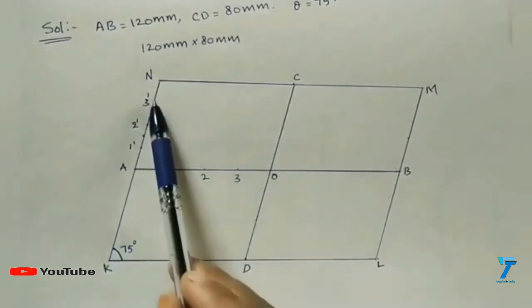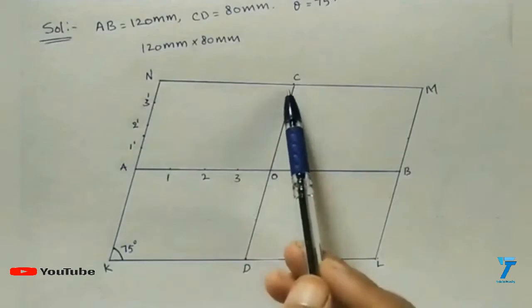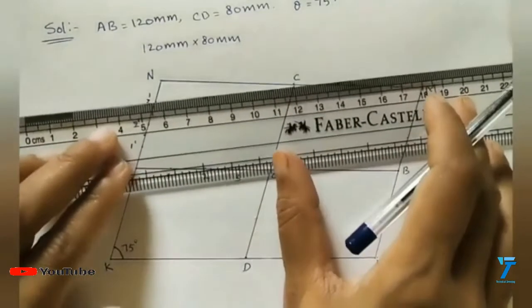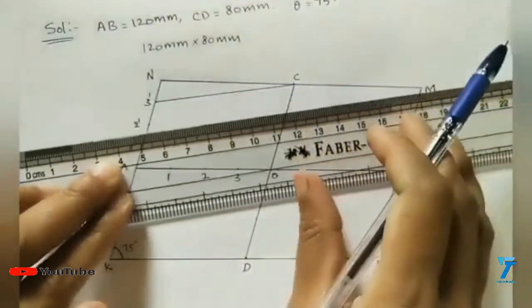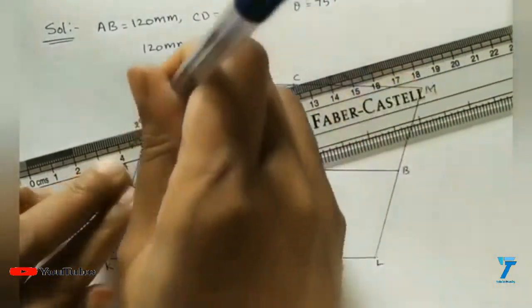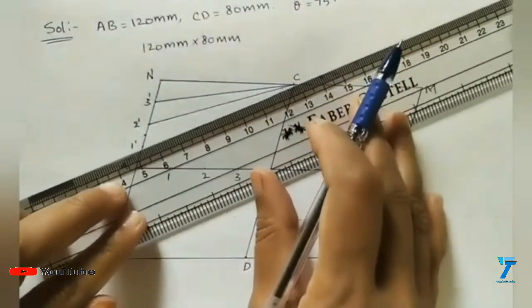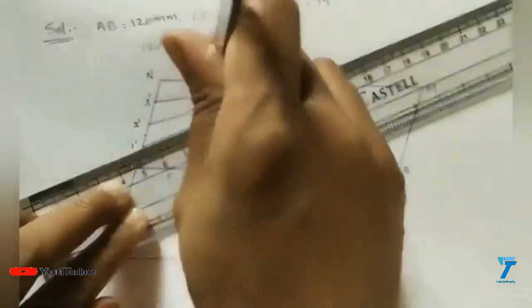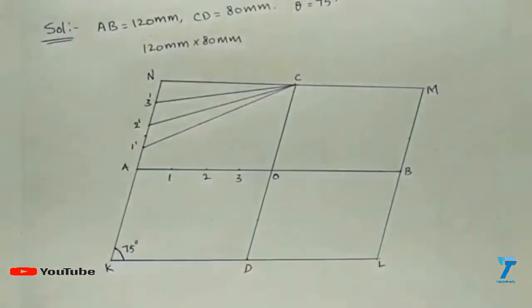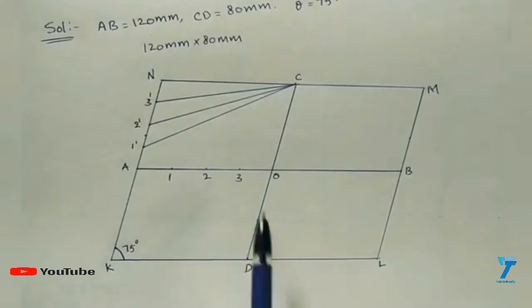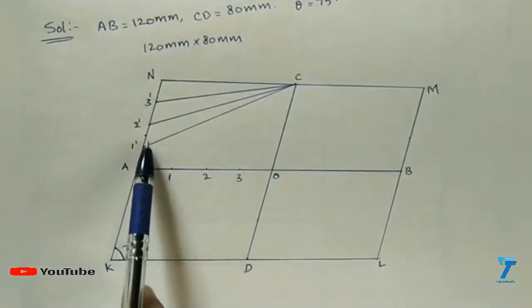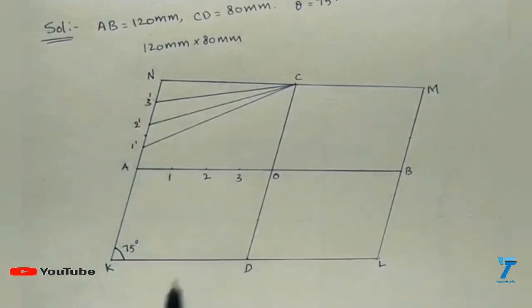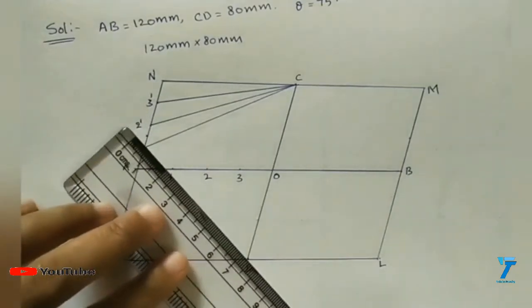Now after that, join 1 dash, 2 dash, 3 dash to C with the help of scale. Now after that, join these points to D. Join first point to D with the help of scale and extend up to first line. Join D1.